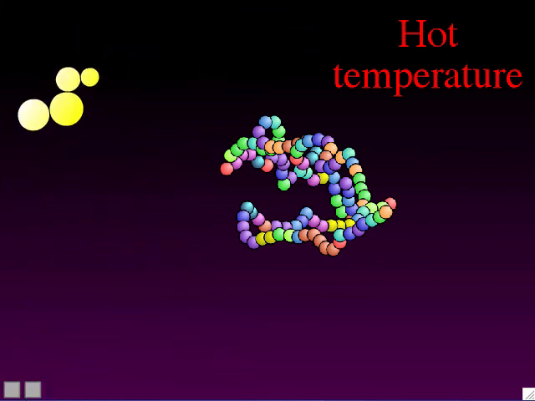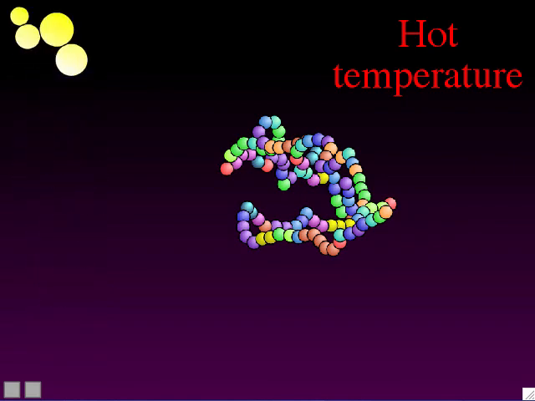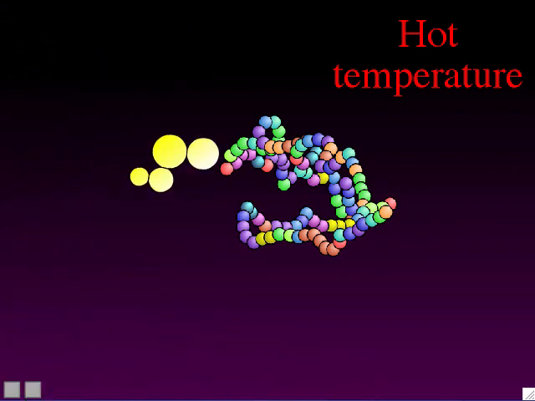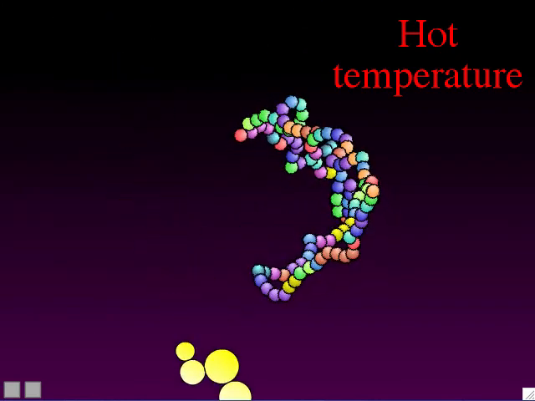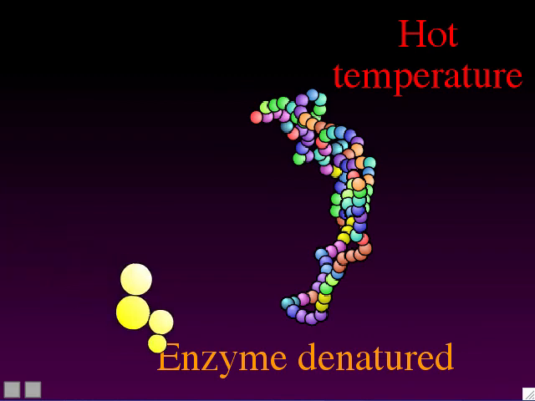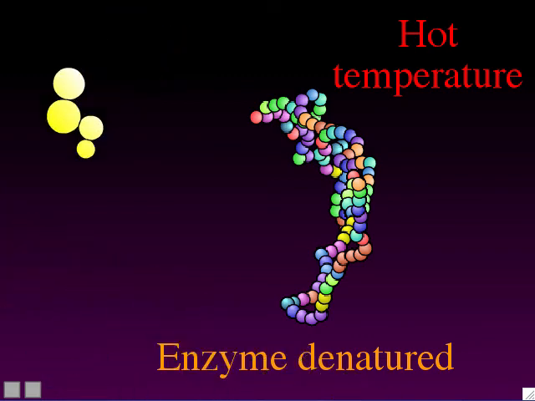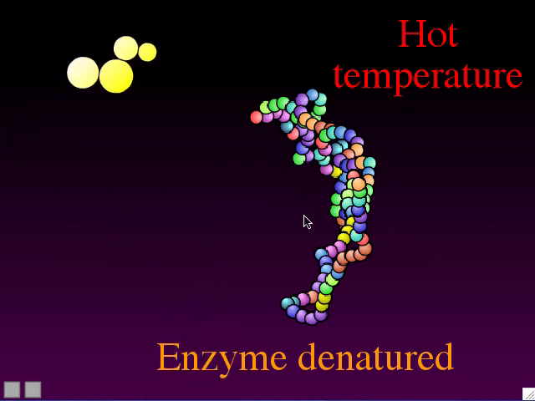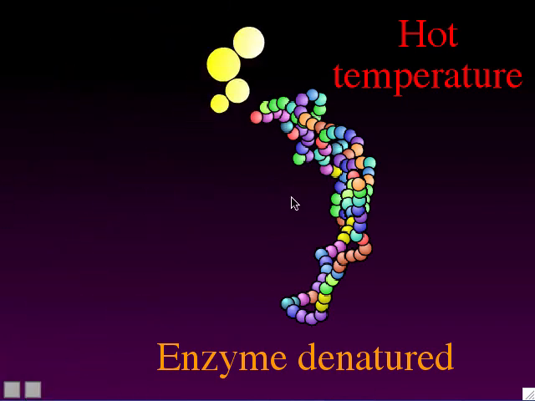Denature means unfold. What I'm saying is, at high temperatures, there's enough heat energy that it can make an enzyme unfold from its normal shape. When that happens to an enzyme, we say that the enzyme has denatured. And what's the effect of that? Well, the enzyme no longer has its proper active site, because only when the enzyme is folded correctly did that active site form in the right shape to bind the substrate molecule.